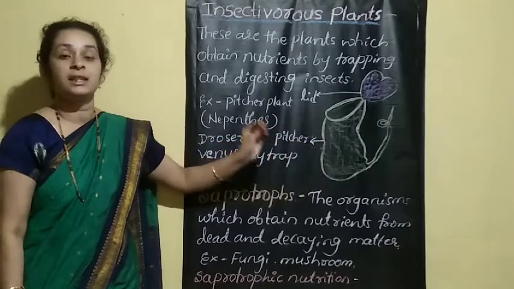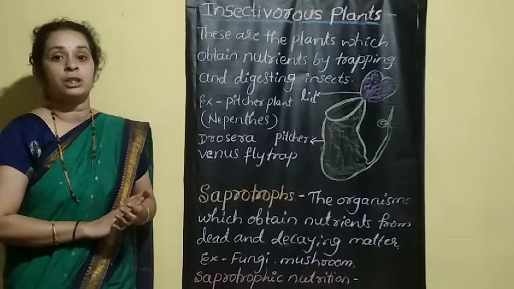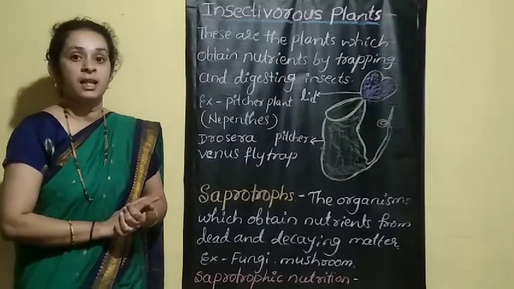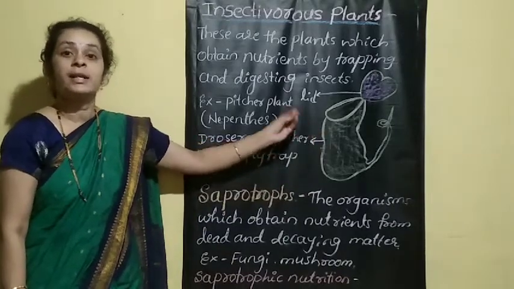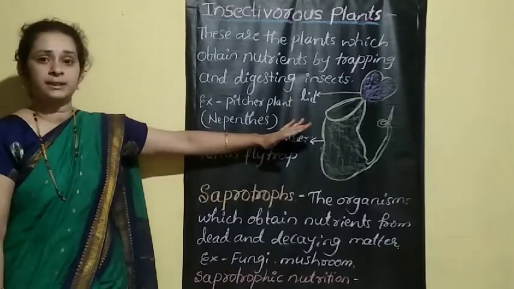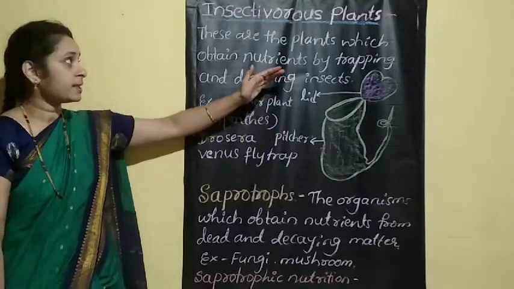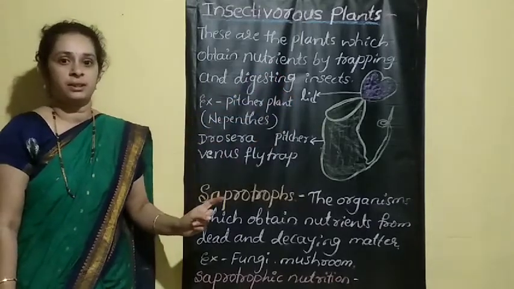From the digested insect, these pitcher plants absorb nitrogen nutrients. This is a very good example for insectivorous plants, and an example of heterotrophic mode of nutrition.